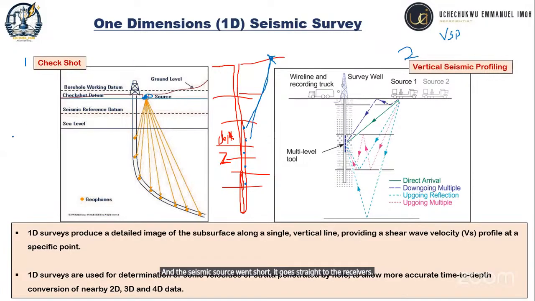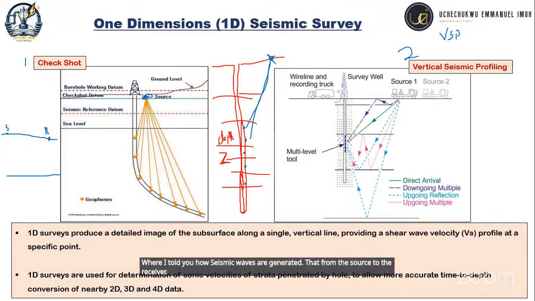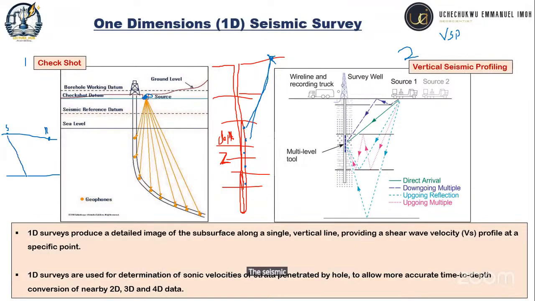You remember in our seismic acquisition class, where I told you how seismic waves are generated, that from the source to the receiver, the seismic wave will travel to the boundary and reflect, right? And when that happens, it's doing that as a common midpoint, which is the CMP, or the CDP as it's called.